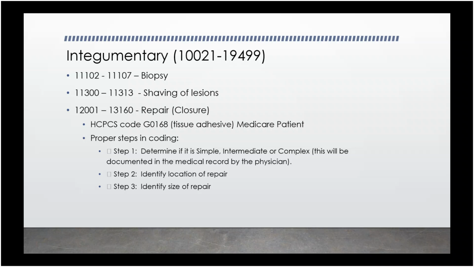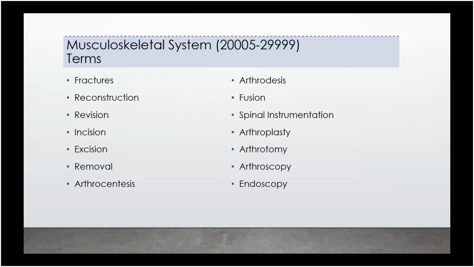And then we want to know how many they removed. So how many were removed? In our musculoskeletal system, you're looking at fractures, reconstruction, revisions, incisions, excisions, arthroscopy, spinal instrumentation.